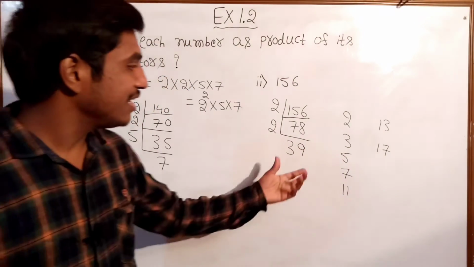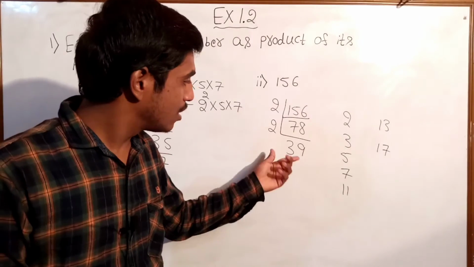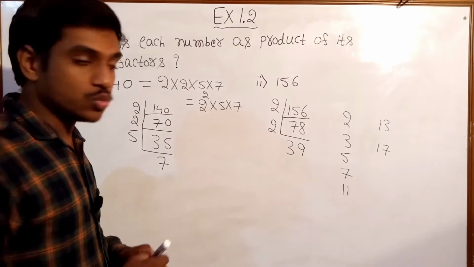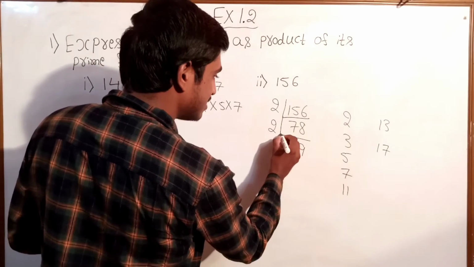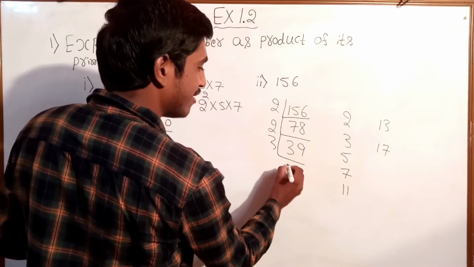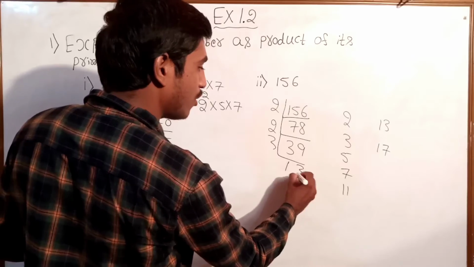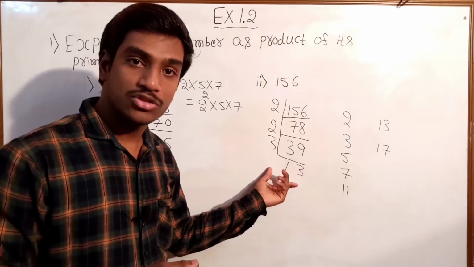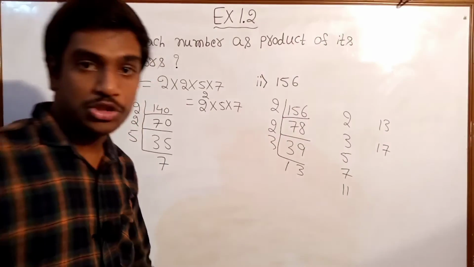Now 39 is not an even number, so it is not divisible by 2. So we will go with the next prime number, which is 3. 3 1s are 3, 3 3s are 9. Here 13 is a prime number, so we will stop this procedure.